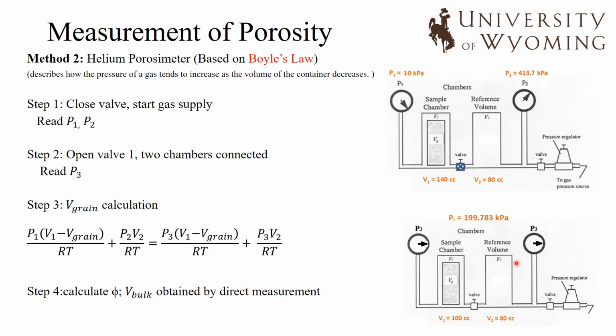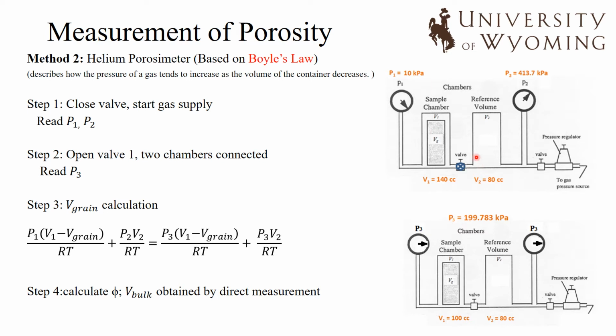Now we have P3 instead of P2. So P3 multiplied by the volume of this chamber plus the volume of this chamber minus the volume of the grains is going to be equal to P2V2 that we had in the beginning, plus P1V1 also here.